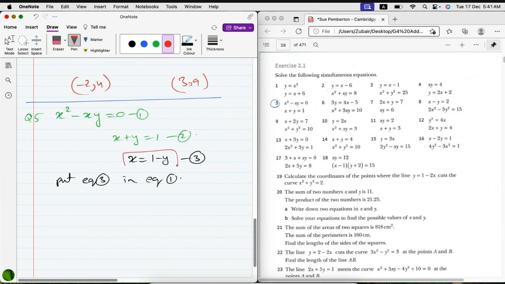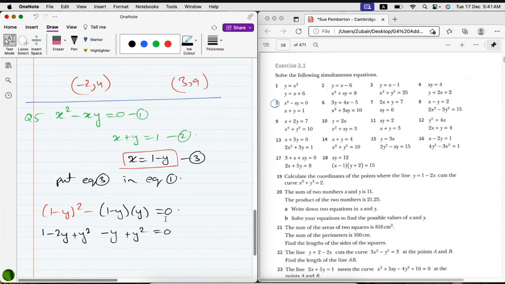Now x is equal to 1 minus y. (1 minus y) squared minus (1 minus y) into y is equal to 0. This is a squared minus 2ab plus b squared, minus y into 1 is minus y, plus y square is equal to 0.